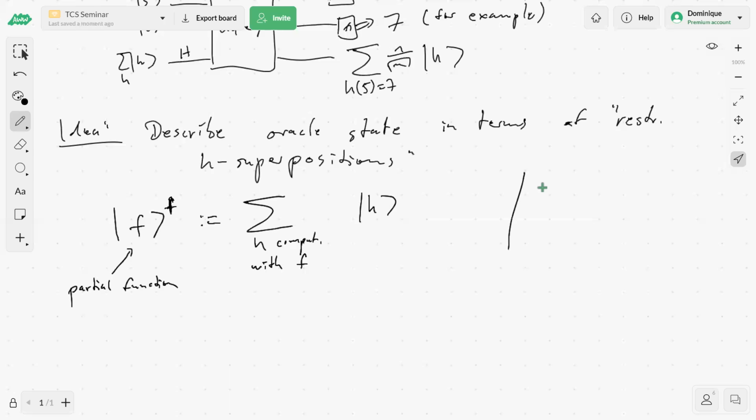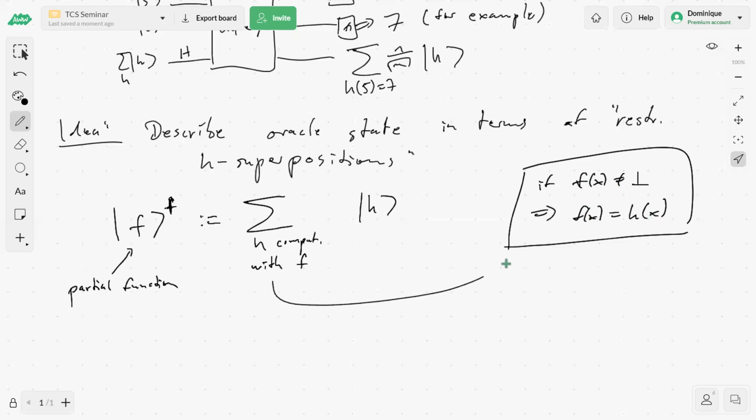So if f of x is not bottom, then f of x equals h of x. This is the compatibility definition, and we take the superposition of all those functions and then define it with a normalization factor, so that it's actually a quantum state.